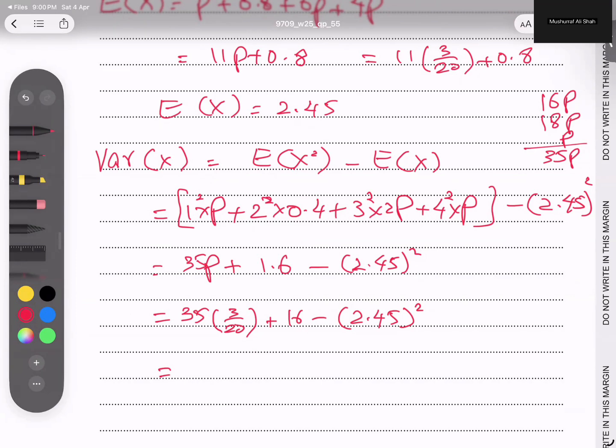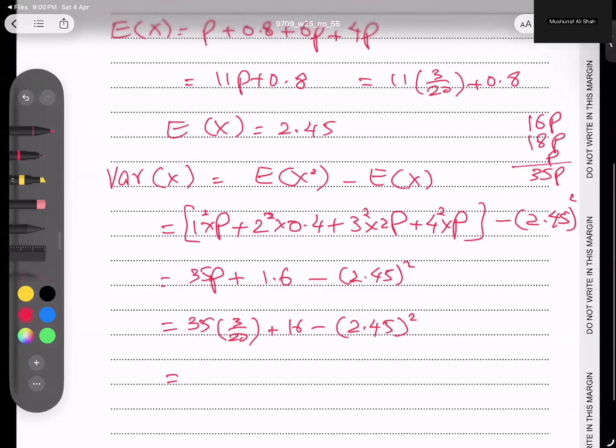Variance value is 16 plus 9 twos are 18 plus 1, 35p, and p value is 3 divided by 20, plus 1.6 and minus 2.45 squared. And the answer turns out to be, finally, students, 0.8475 in decimal, or in fraction form, 339 over 400.